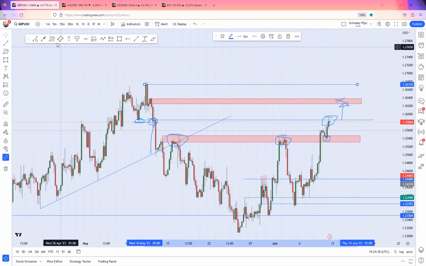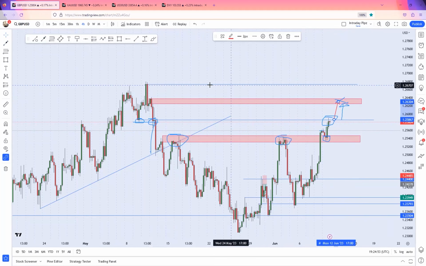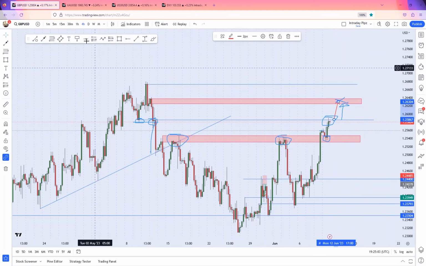So the expectation for this coming week, before we look out for a different direction, is for price to continue bullish into this supply and probably ultimately into this resistance level. If this happens, it coincides with our previous analysis of the USD index.